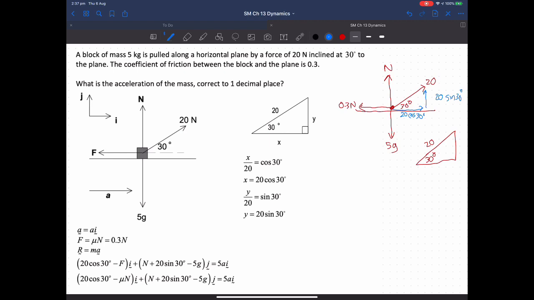Like the previous example, we do not write the vectors or forces in those positions. What I'm going to do is write those components along the axes.